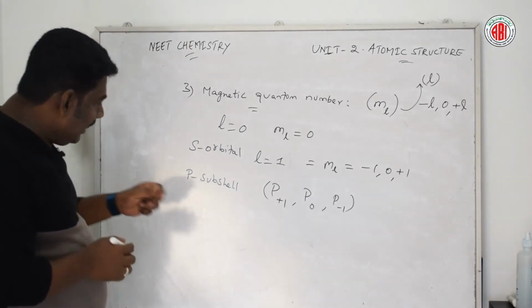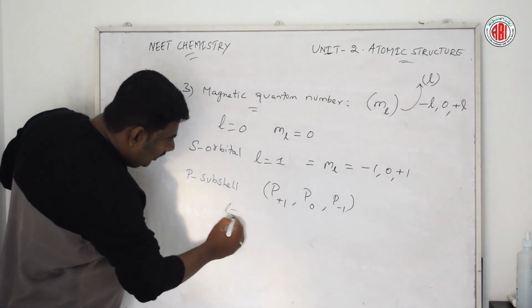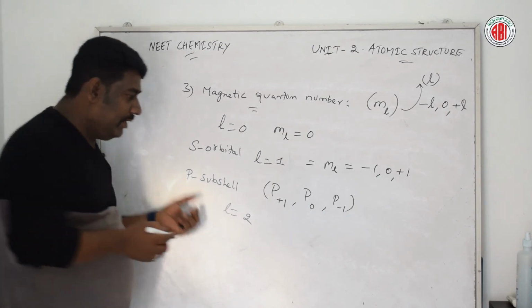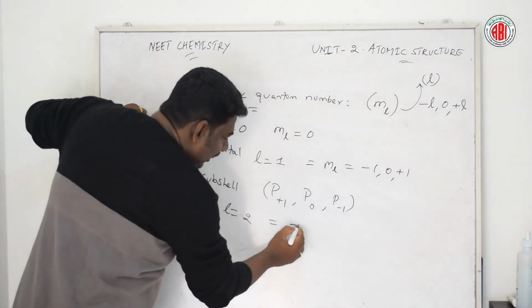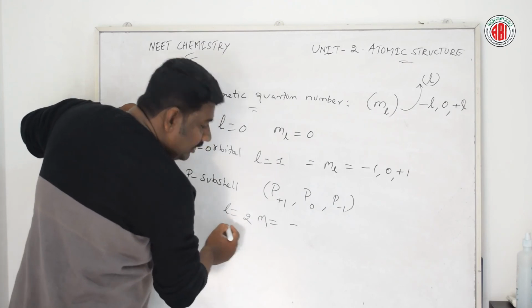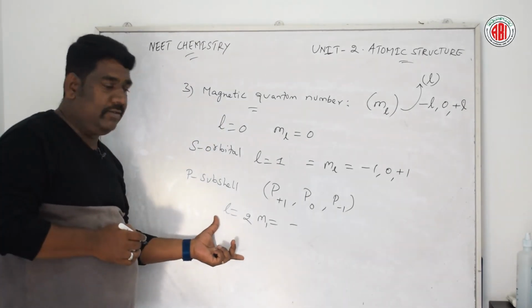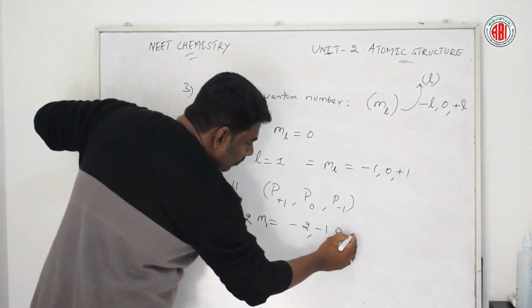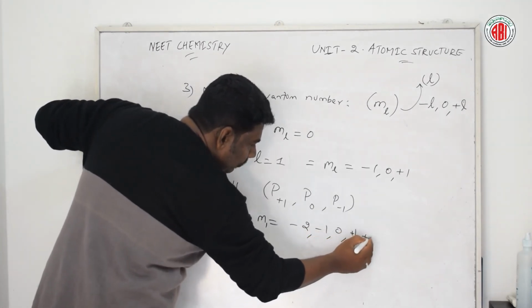In that case, if the L value is equal to 2, the ml value could be written as -2, -1, 0, +1 and +2.